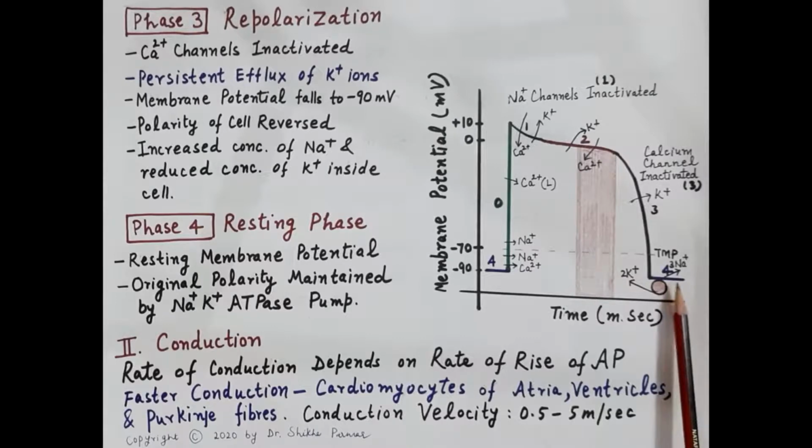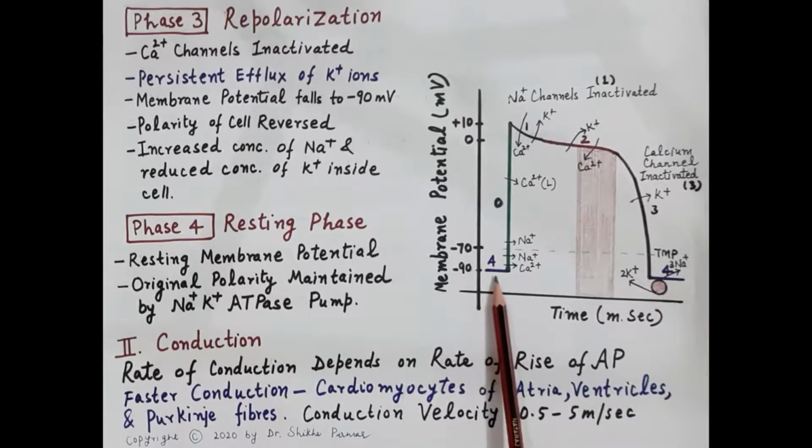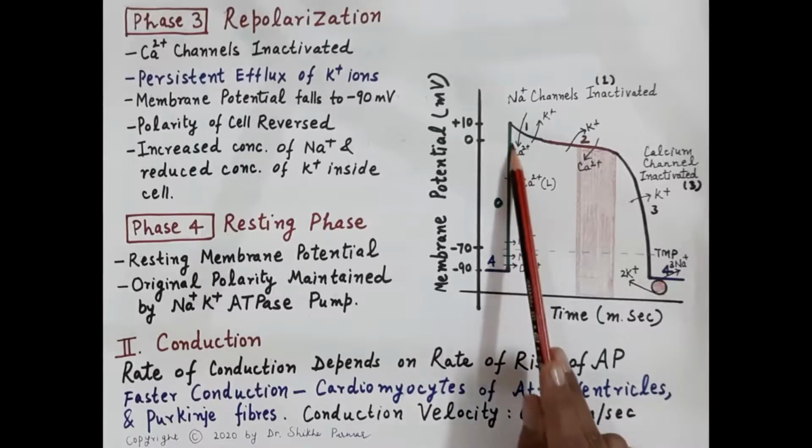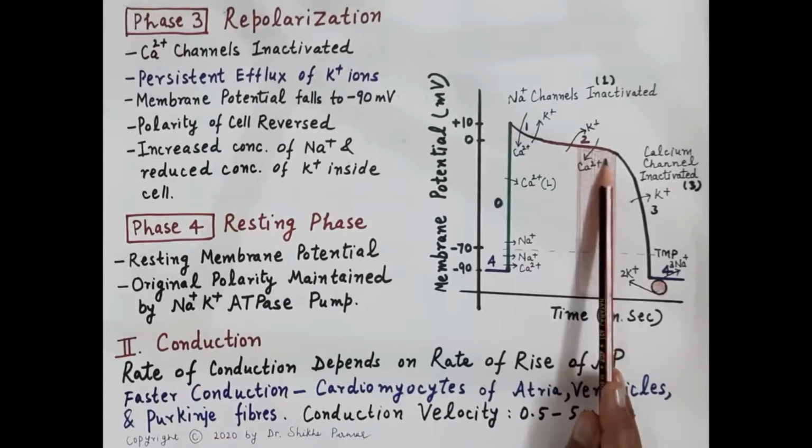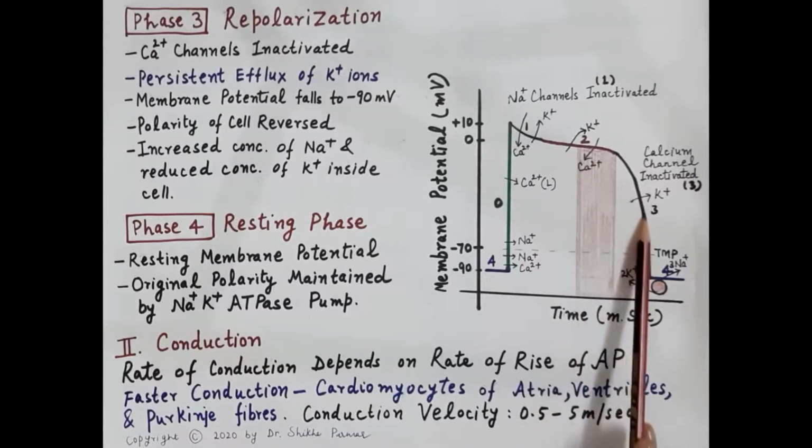So this is how a cell from the resting phase gets depolarized, followed by that it enters into the plateau phase where it contracts, and again it comes back to its resting membrane potential, and it also achieves its normal polarity.